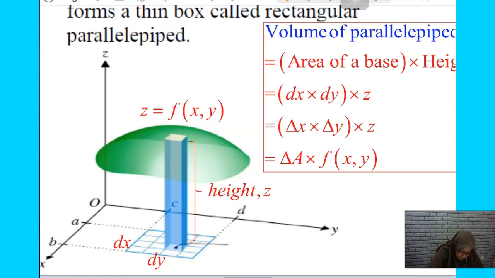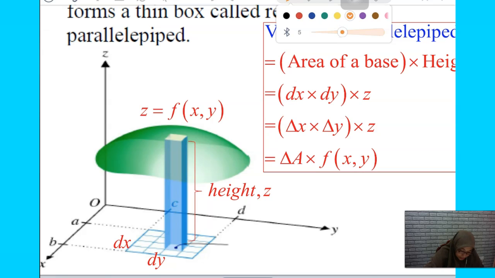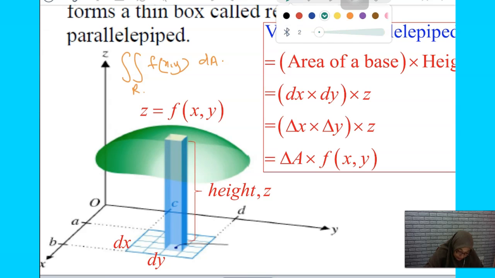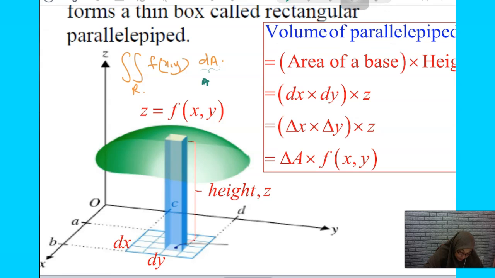We have the double integral of the function dA over the region. As I mentioned before, dA here is area. What is dA? dA is actually the order of integration, where it will give you dx dy or dy dx.